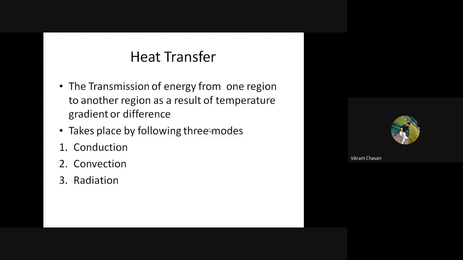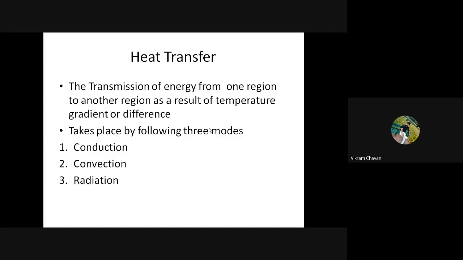Further, in the next lecture we will discuss the difference between thermodynamics and heat transfer. Then we will take the conduction point and the governing law related to conduction, then convection, what is meant by convection and the governing law related to convection, and lastly radiation and the governing law related to radiation.